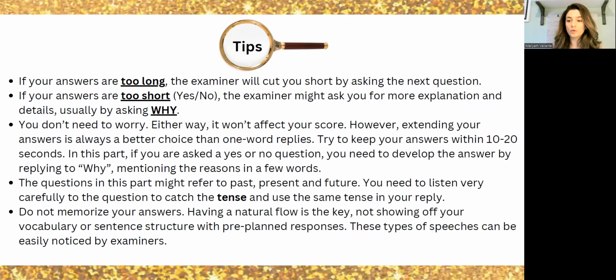However, your language is evaluated from the time that you start talking. Some students usually ask, we heard that only part 3 of the IELTS speaking test is important, and the rest are not evaluated. This is not correct, because you are evaluated from part 1 till the very last part, which is part 3.